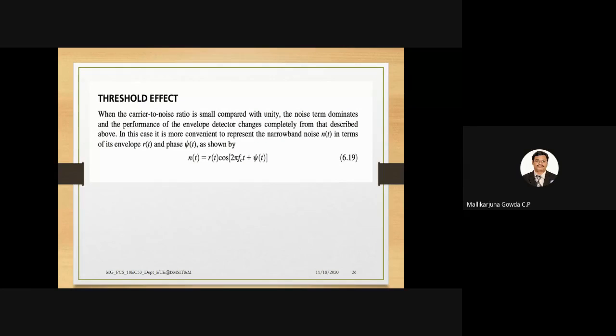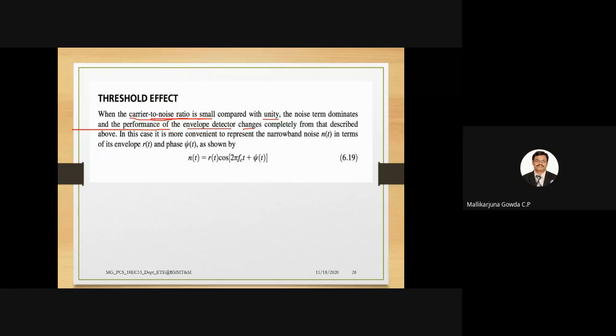I said when the carrier to noise ratio is small compared with unity, the noise term will dominate the expression we have got. With that, the performance of the envelope detector changes completely.